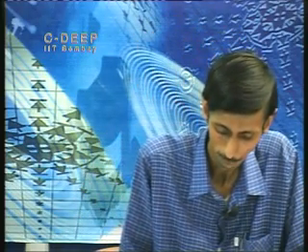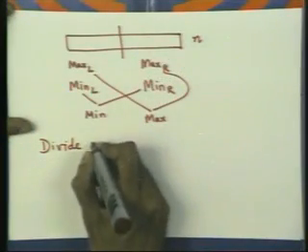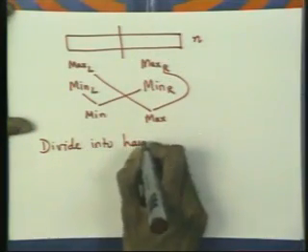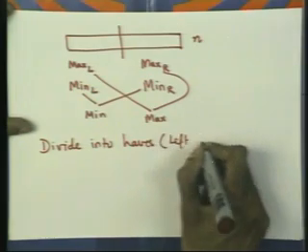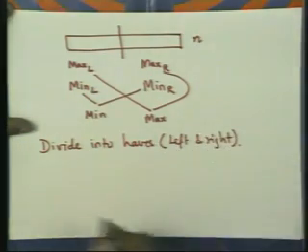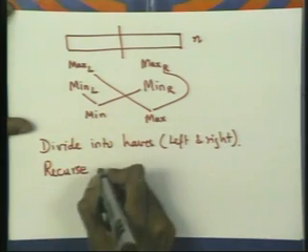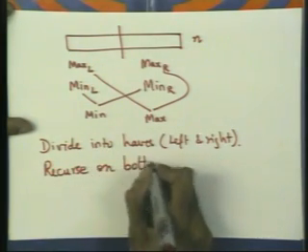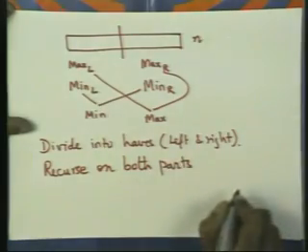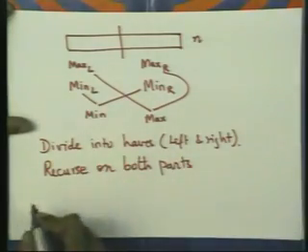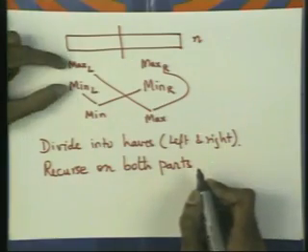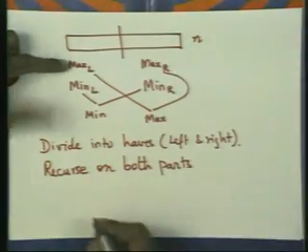Let me write down the algorithm, but in future with this explanation you should be able to write the algorithm. Divide into halves, let's say left and right, then recurse on both parts, on the left and the right, and the answers are maxL and minL and maxR and minR.